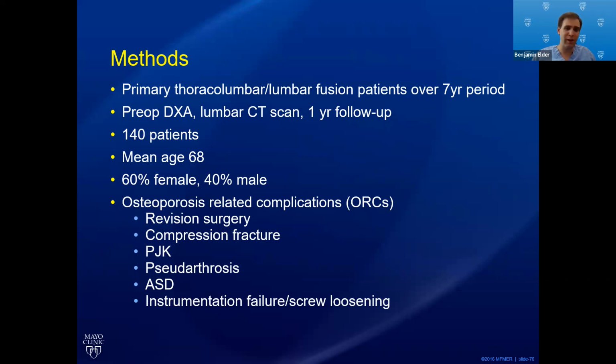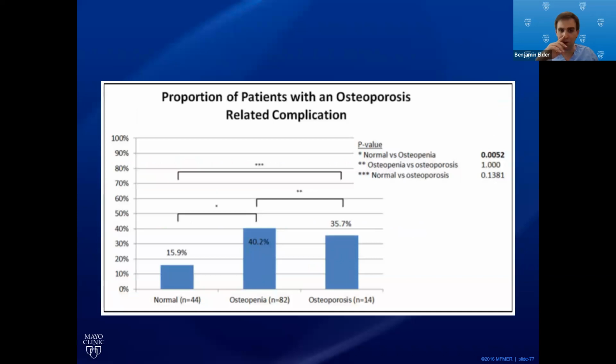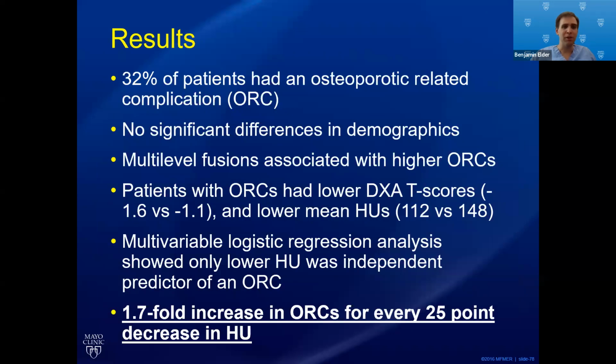And interestingly, in the prior version of this paper several years ago, they found when it was just classified by Dexa, patients with osteopenia actually had the highest risk of complications with 40.2% compared to 36% in the osteoporotic group. And so we found that in this group, about 32% of patients overall had an osteoporosis-related complication.